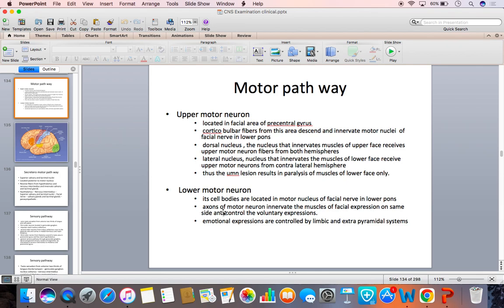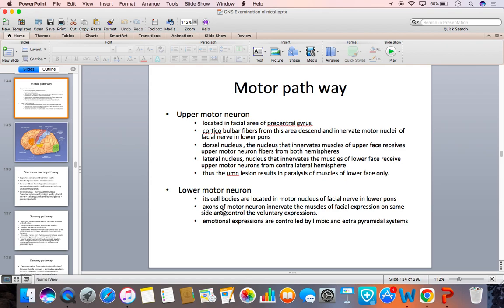The dorsal nucleus receives its fibers, that is upper motor neurons, from both hemispheres, whereas the lateral nucleus receives its upper motor neurons from the contralateral cerebral cortex only.